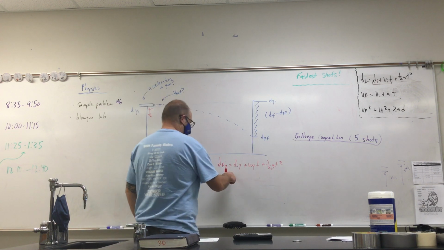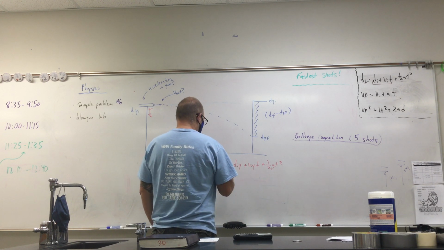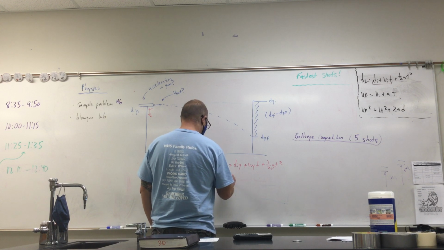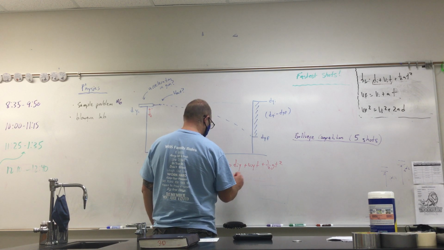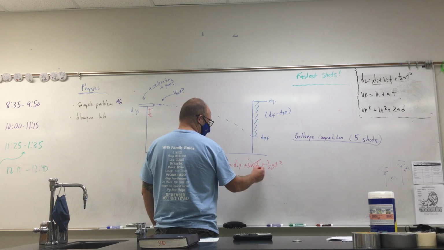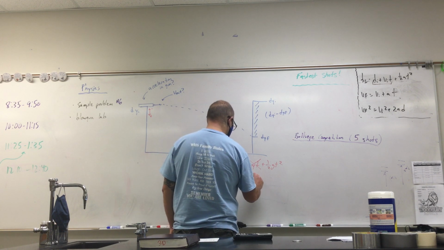So we're trying to solve for time. dfy minus diy is, now the initial velocity, remember when it falls, is 0. And that is going to equal 1/2 g t squared.